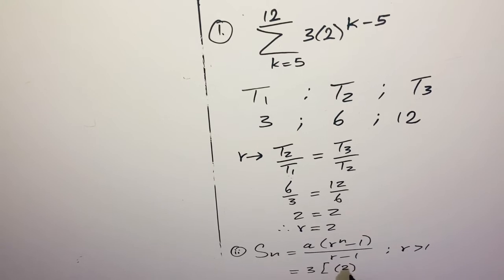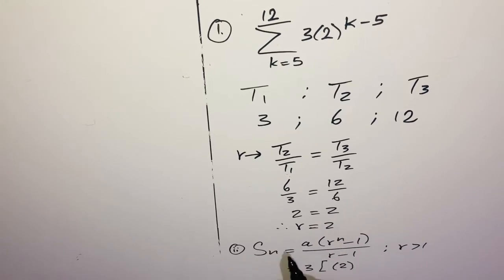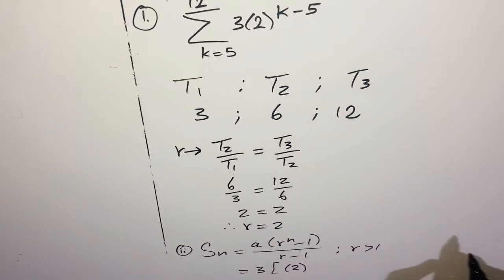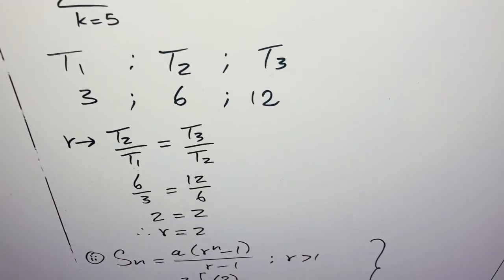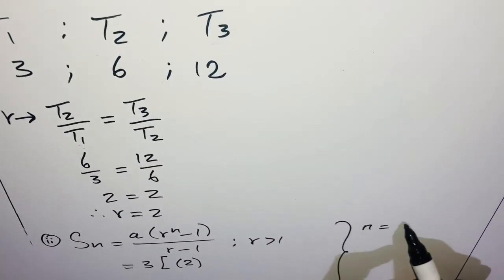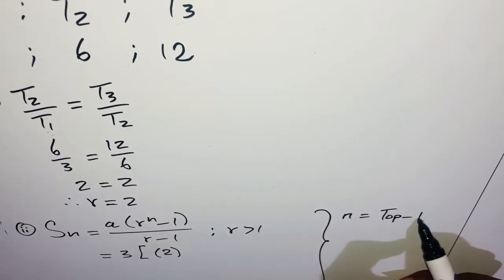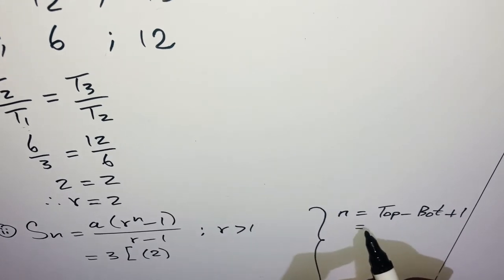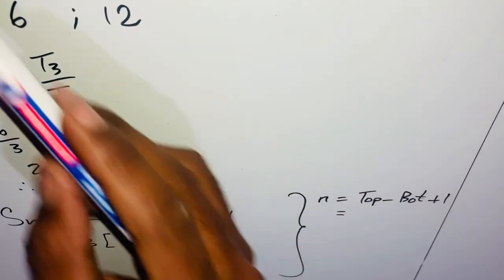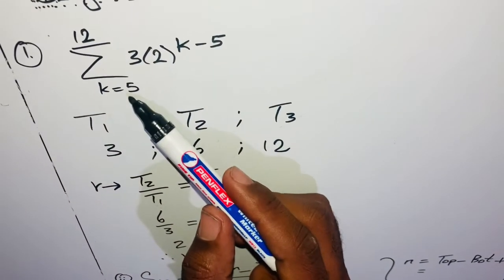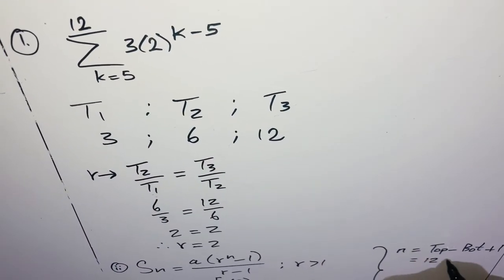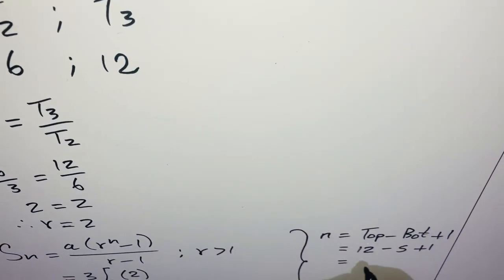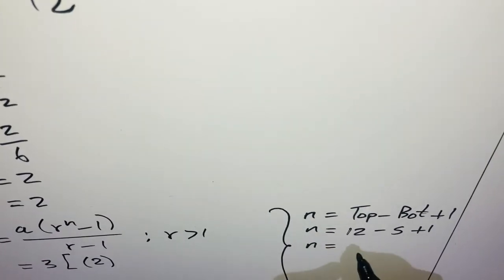Then before you go on to substitute your n, you must use the same formula we were using previously, where we will find our n using the top minus bottom plus 1 formula, where our top is a 12, bottom is a 5, so it's 12 minus 5 plus 1. Our answer, we get our n to be an 8.